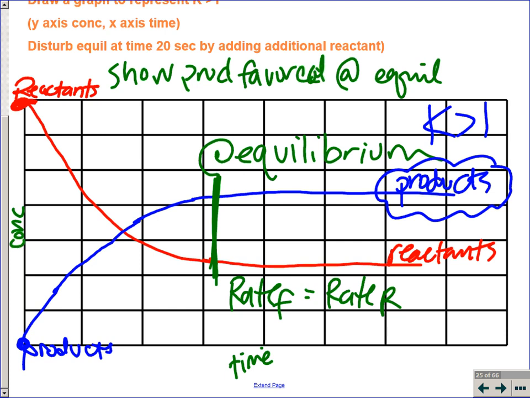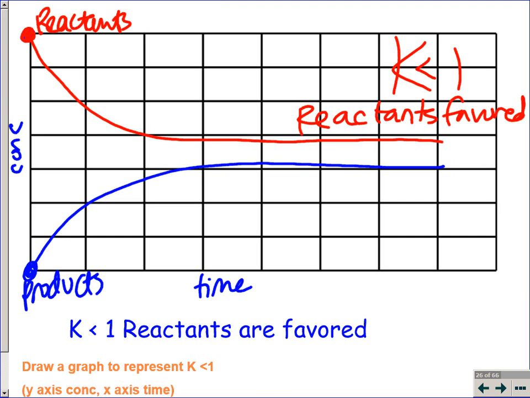That's it. And if we're reading a graph, I'm not saying it has to look exactly like this, and reactants are on top at equilibrium, you should be able to tell me what K is. Less than 1. That's the minimum. You don't always have to draw your graphs. I would say that you would get a graph and then identify from there if K is greater than 1 or less than 1. Give me a thumbs up if you're good with that. All right, cool. Majority rules here.